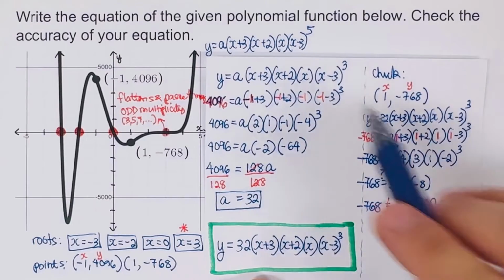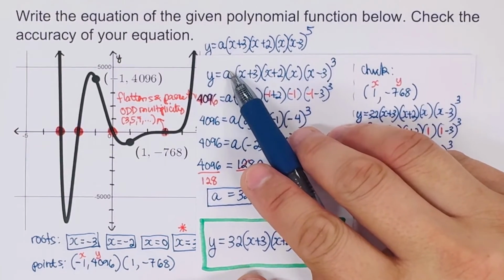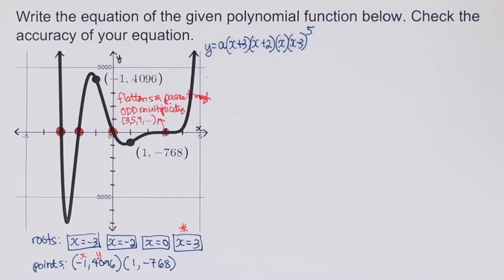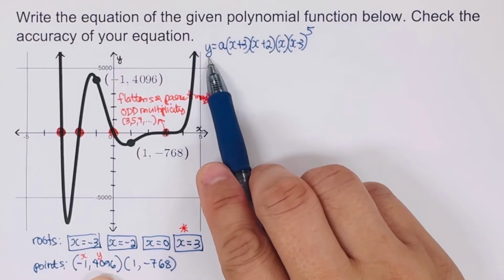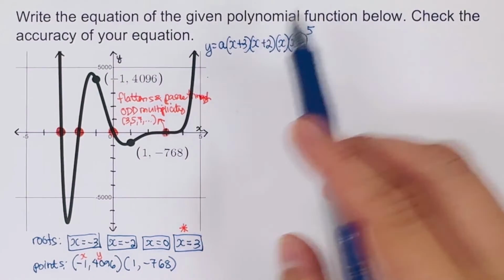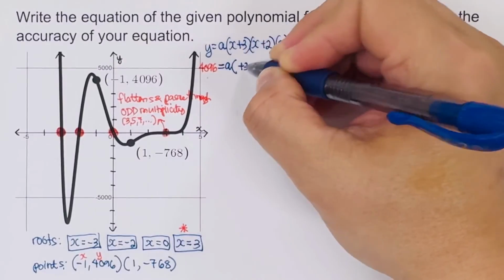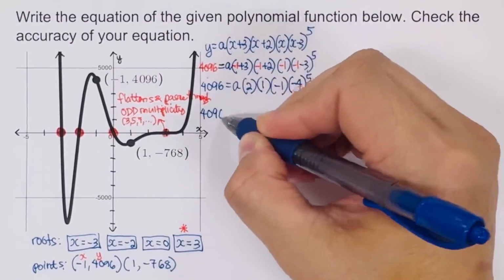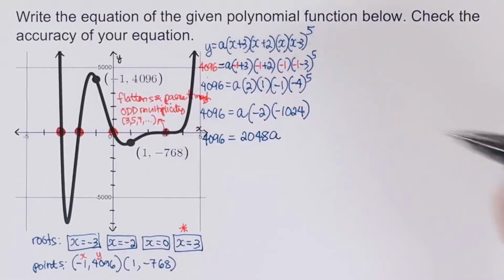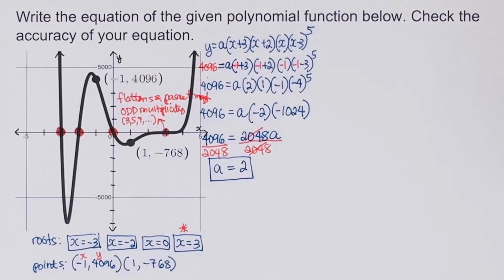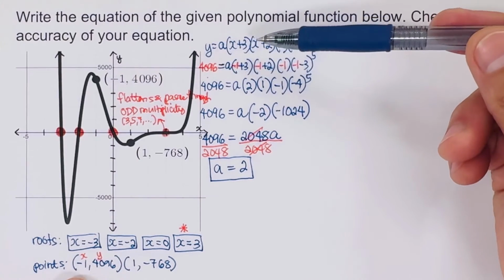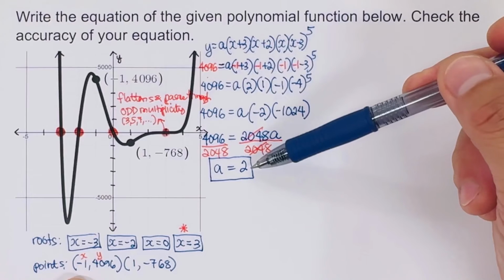So I've set up exactly the same, but I changed the multiplicity to 5 to see if that would work. So I'm going to go ahead and plug in 4096 on the y and -1 on the x and solve for a. So after doing the math by substituting 4096 on y and -1 on x, our a value is 2.